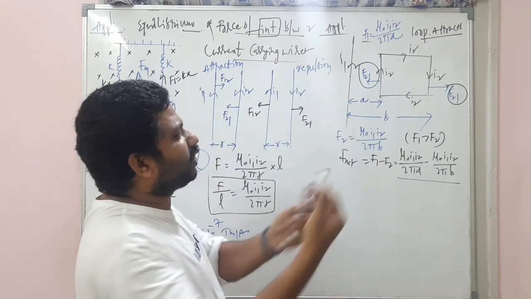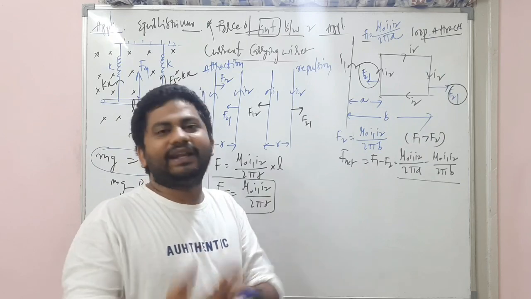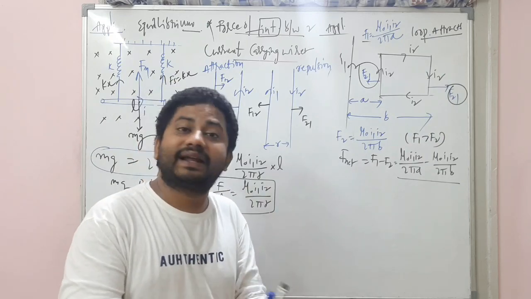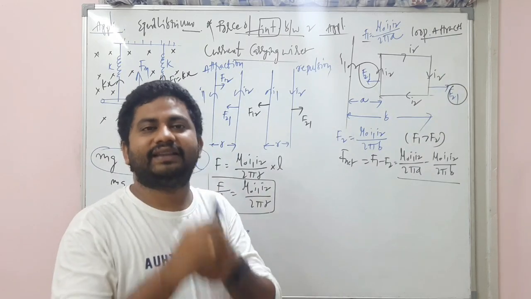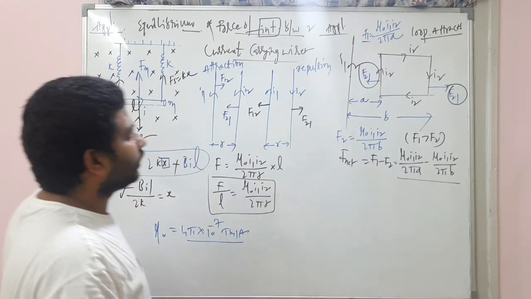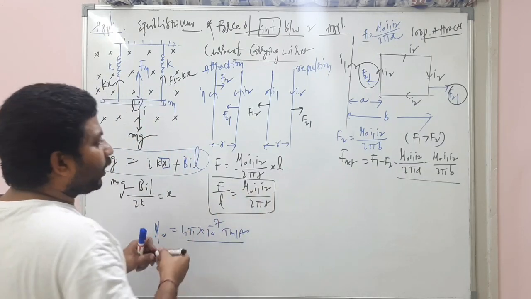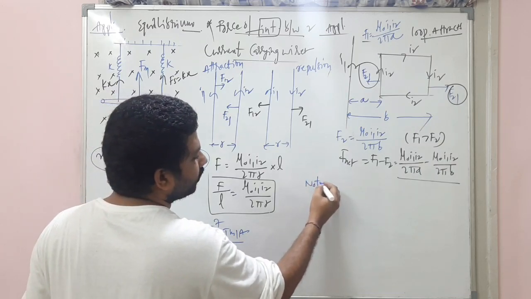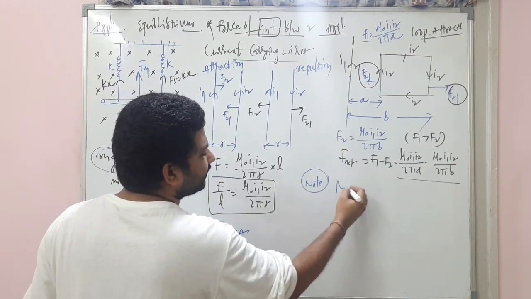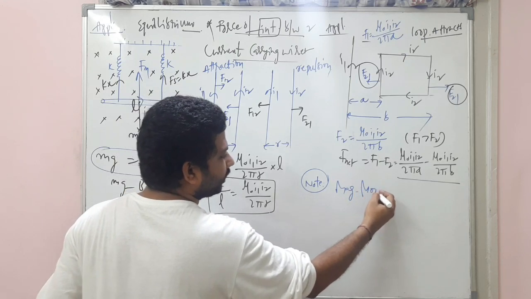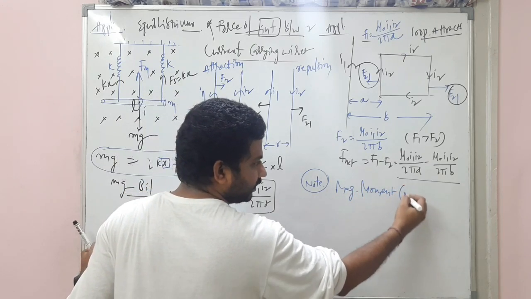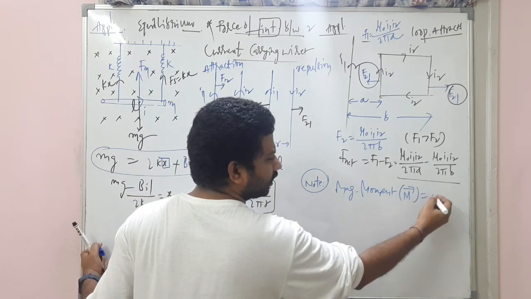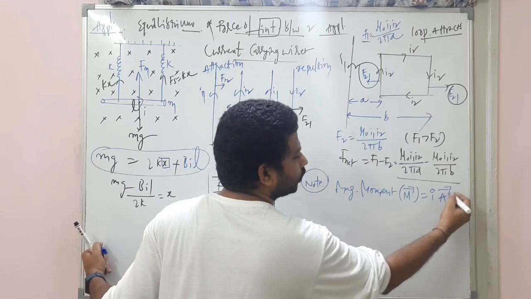Okay, there are some more applications and the remaining ones we will discuss later. I hope you understand that. Right now, one important note I would like to give here, and that's the magnetic moment, my dear students. It is denoted with the symbol m bar, which is equal to I into a bar.